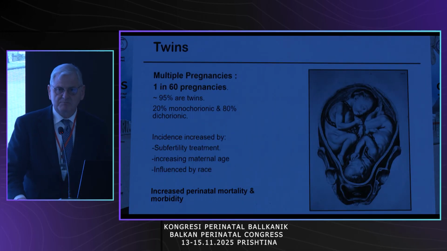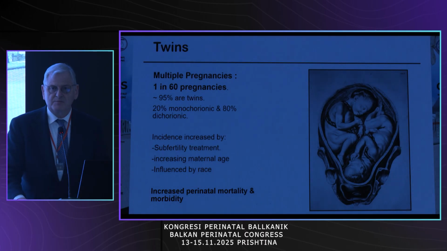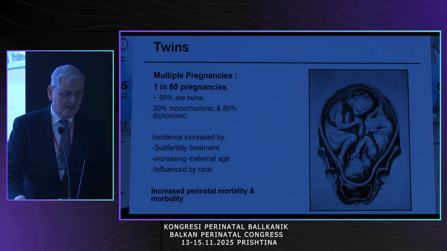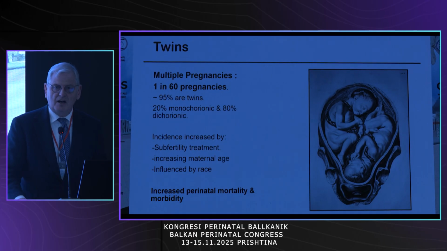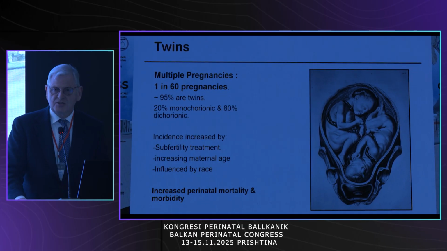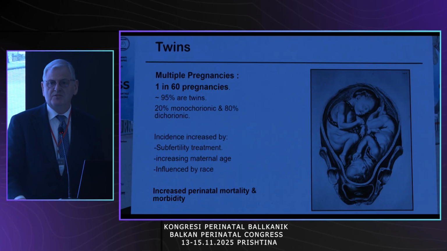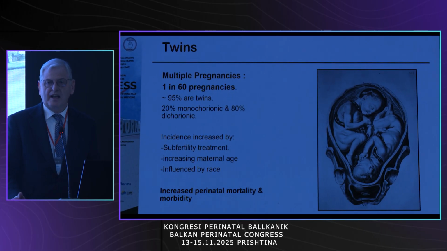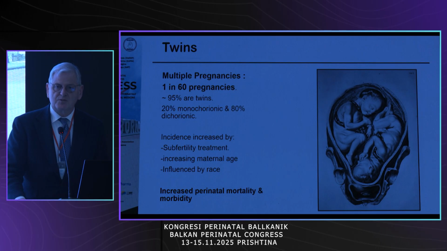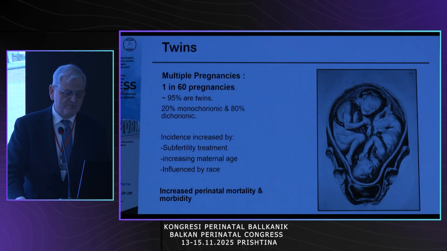As a background, multiple pregnancies complicate approximately 1 in 60 pregnancies, and the majority of these, over 95%, are twin pregnancies. Twins are divided, as you know, into monochorionic twins, which complicate 20% of twin pregnancies, and dichorionic twins, 80% of twin pregnancies.